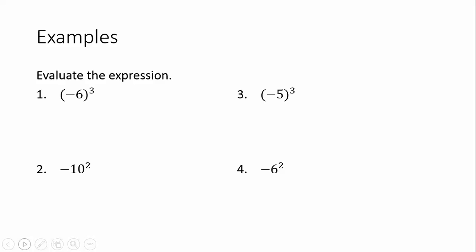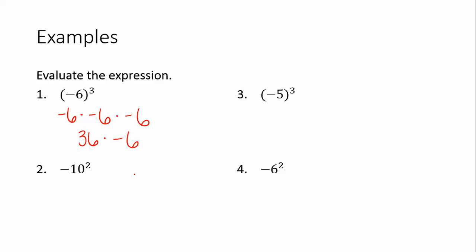So first, evaluate the expression. Number 1, we have negative 6 raised to the third power. Notice the negative sign is inside the parentheses, so that means it is the base, the negative 6. So we have negative 6 times negative 6 times negative 6. Negative 6 times negative 6 is a positive 36, and now we need to multiply by negative 6.